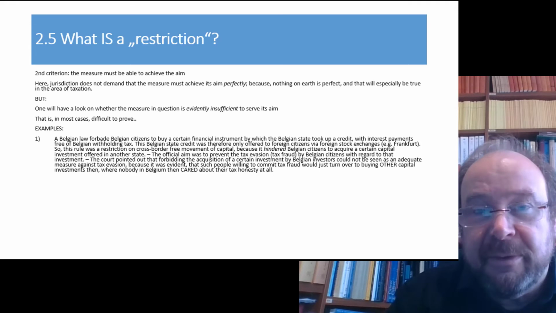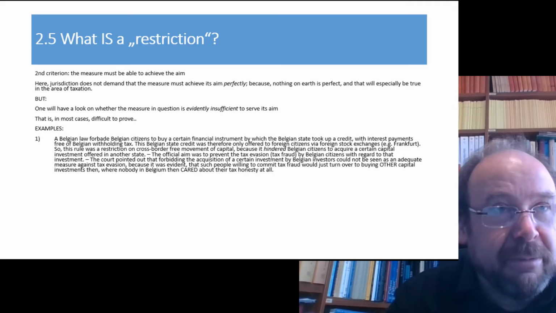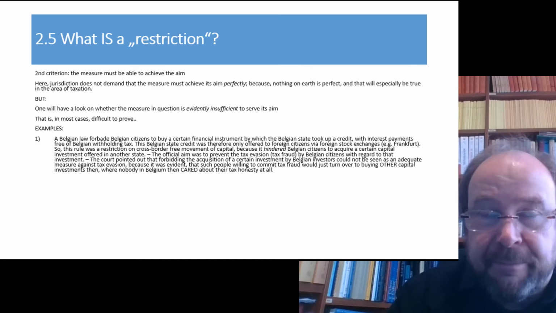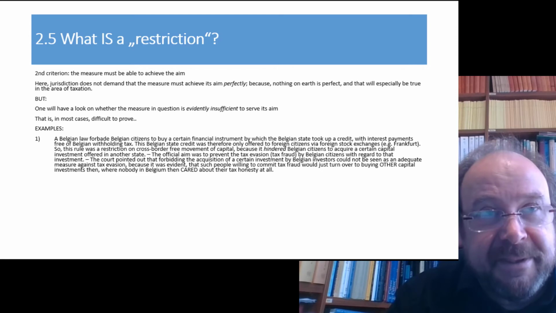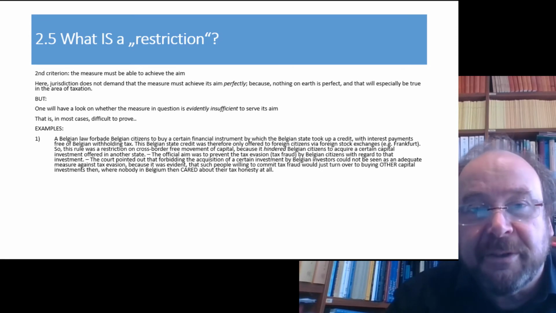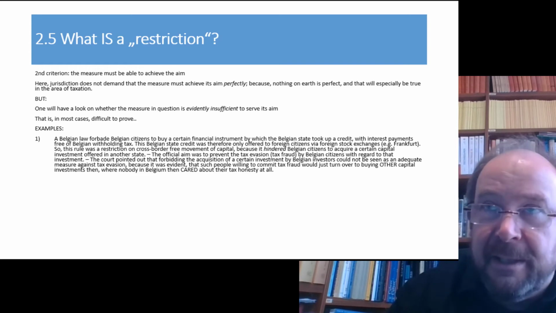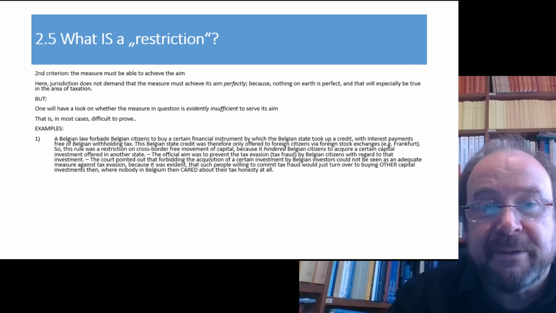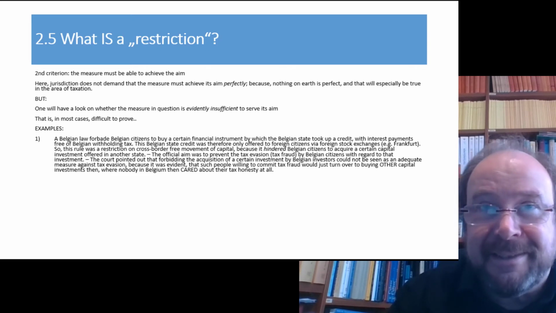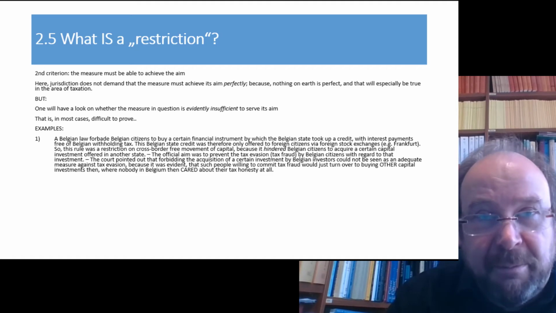Now, when that came to the ECJ, they said, naturally, preventing tax fraud is a legitimate aim. It's necessary to prevent that. Now let's check what happens if you forbid to your Belgian citizens to buy these treasury bonds. Then they will buy a mass of other investments which potentially are available to them and commit tax fraud there. So this evidently is a completely senseless measure.